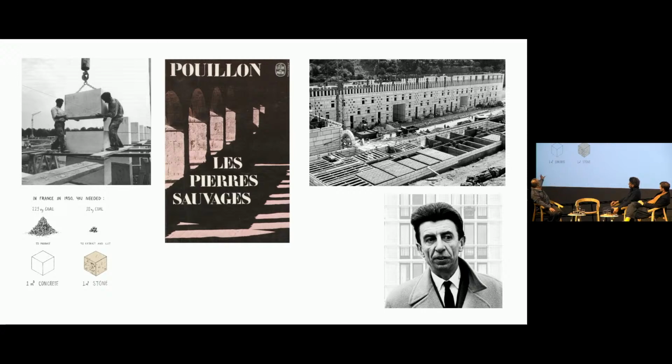So they looked at the amount of coal that you need for one cubic meter of concrete, and it was 225 kilos, and 10 kilos for exactly the same material, same strength, and of course was rolled out this amazing period in France from 1947 to 1974, where among others Mr. Pouillon, the great French architect, rebuilt the housing stock in France using stone, prefabricated, pre-cut.